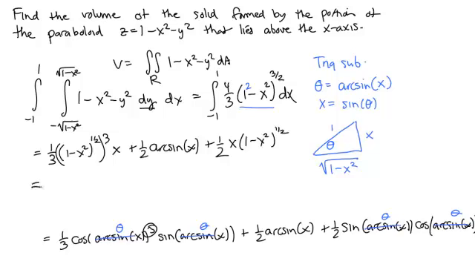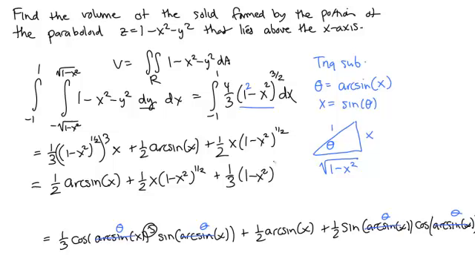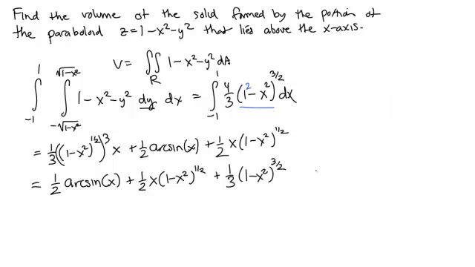So finally, if we clean this up and rearrange some of the terms, we're going to have 1/2 times the arcsine of x plus 1/2 times x times 1 minus x squared to the 1/2 power plus 1/3 times 1 minus x squared to the 1/2 power to the third, which is the 3/2 power. And so finally, after all that work, we have an antiderivative.